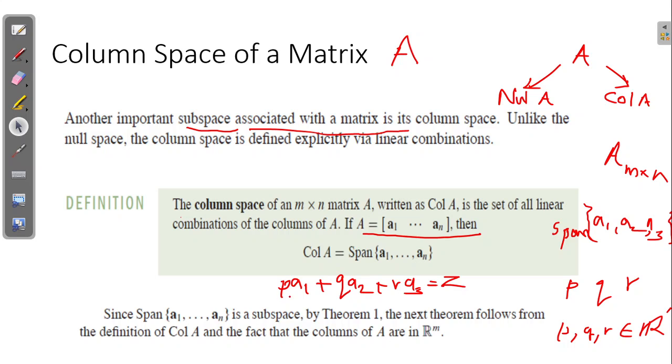So if you play with these P, Q, and R, you will get different Z. Z1 you will get for one set of values of P, Q, and R, and when you change P, Q, R to other values, then you will get Z2.